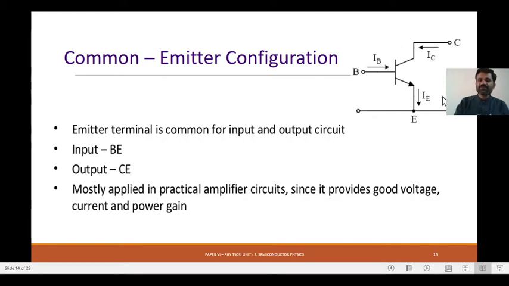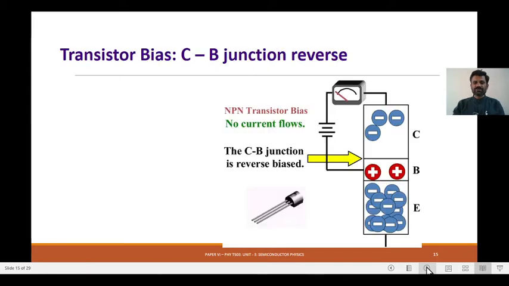For all amplification circuits, common emitter amplification is used. Why? Because it provides very good voltage, current, and also power gain. Power will increase, voltage will increase, and current will increase. Based on this, there will be multiple choice questions you could answer later.